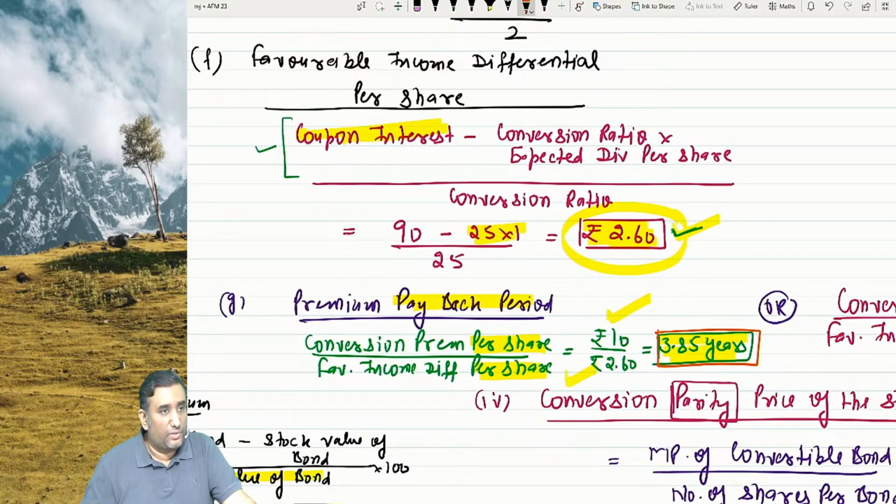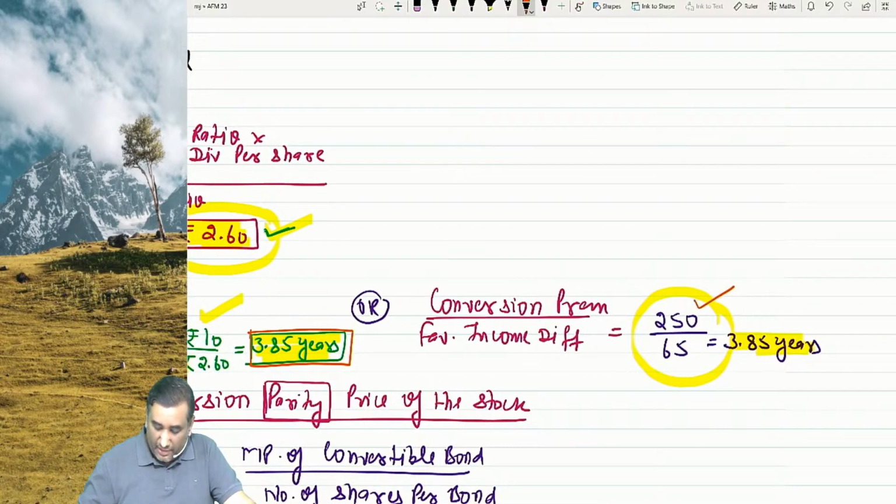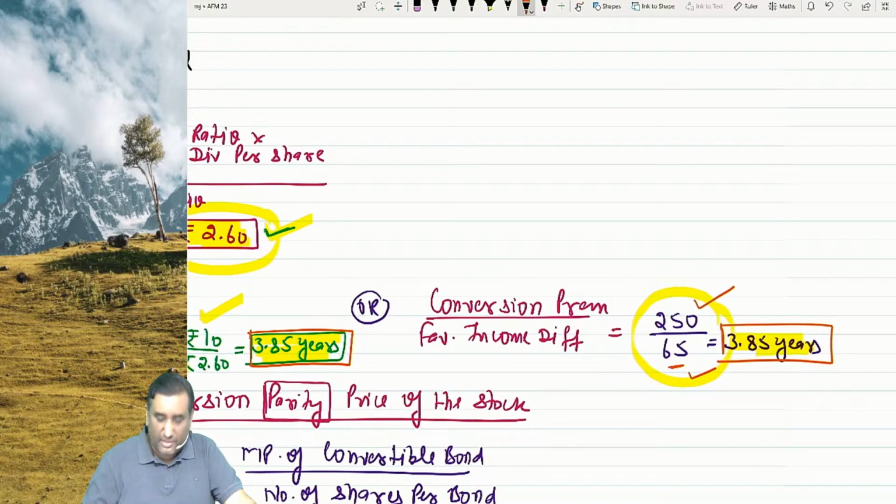Another way, looking at totality: the total extra you pay is 1000 minus 750, 250, divided by the difference 90 minus 25. The 25 is because one share has 1 rupee dividend; if 2 rupees was there, it will be 25 into 2, so it's 55. That will also give the 3.85 premium payback.